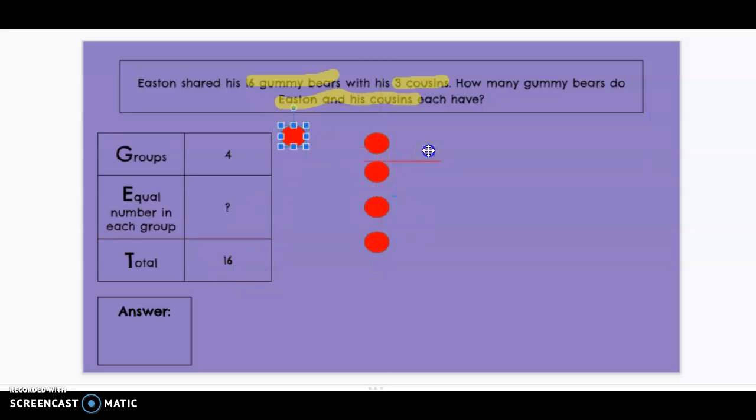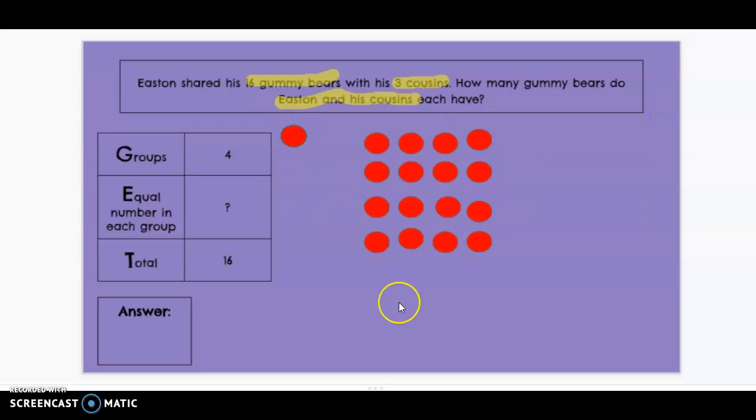So there's 4, 5, 6, 7, 8, 9, 10, 11, 12, 13, 14, 15, 16. So I'm at 16.